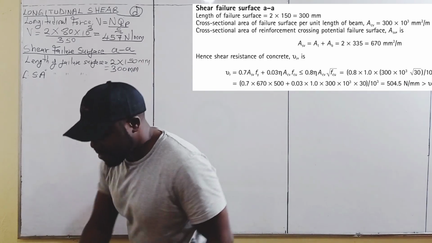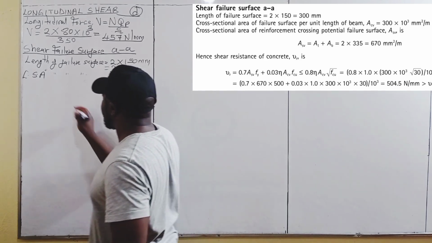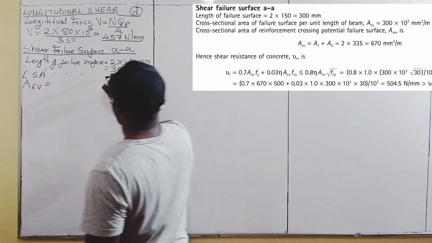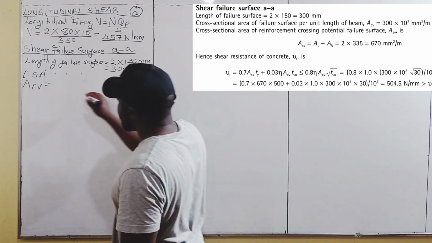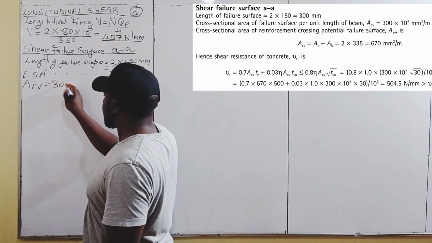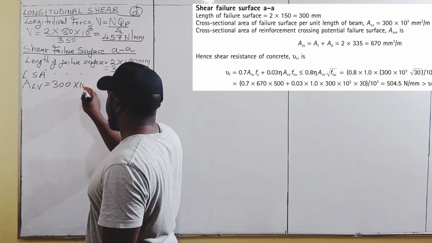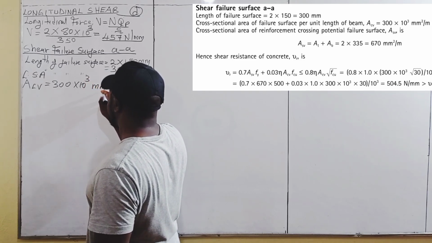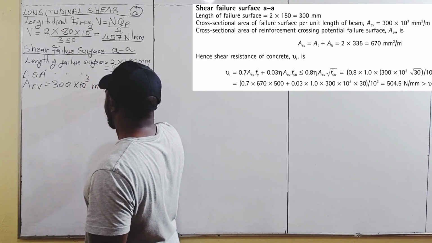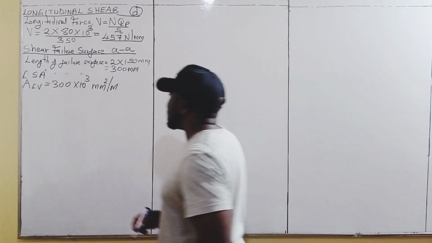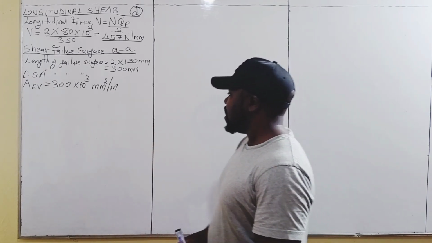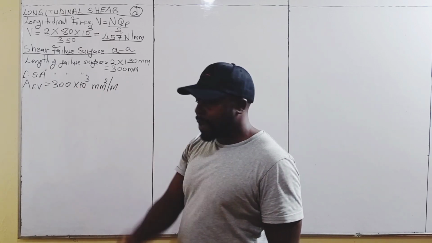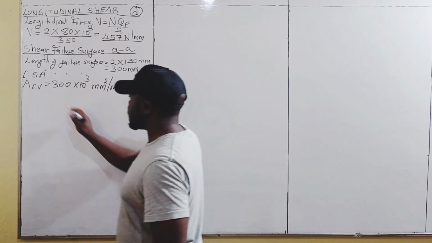So ACV, cross-sectional area of a failure surface, will be equivalent to 300 times 10 raised to the power of 3 millimeters squared per meter. Square millimeters per meter. That's why you are multiplying by 1,000, 10 raised to the power of 3.